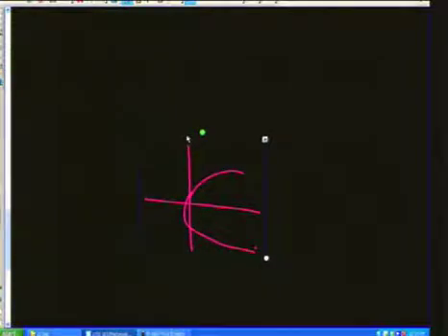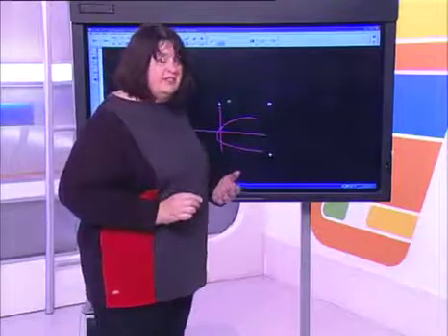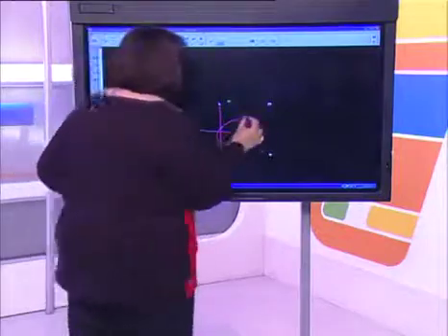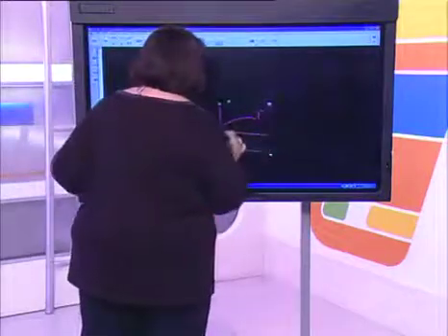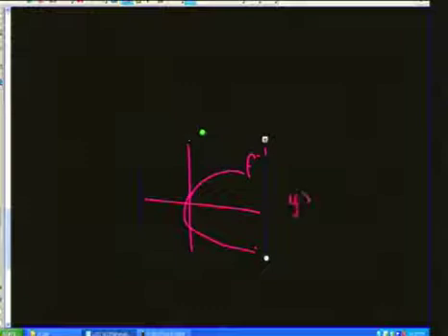Because remember, the test for a function is being able to pull a vertical line through it and only have it cross once. So I would have to restrict it in some way. If this was the inverse, I would probably say y is greater than or equal to 0. So that would take off this part. I would know it was only the top part, which would make it a function. So that's the only way: you can split it by using the domain or the range.